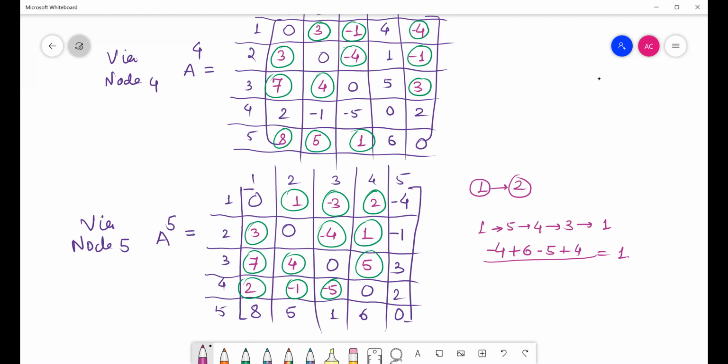So maybe in an undirected graph it would give the same. Yeah, in an undirected graph it would give the same. But ultimately, after applying this formula, you are getting the shortest paths among all the nodes in the directed graph case.